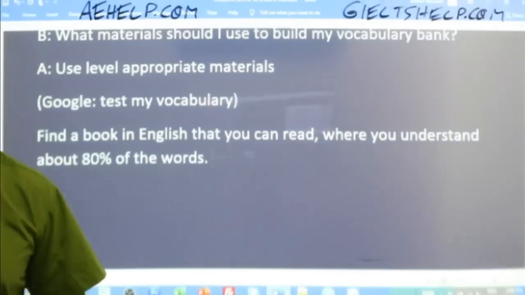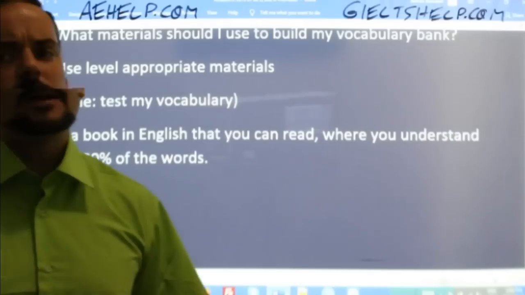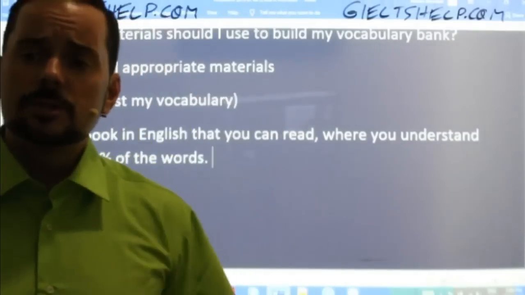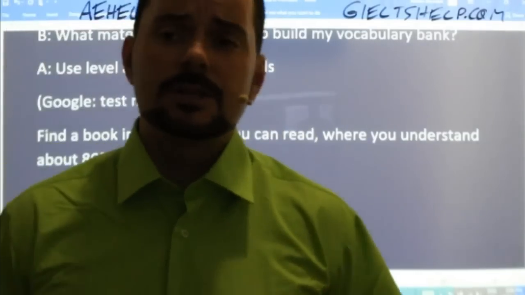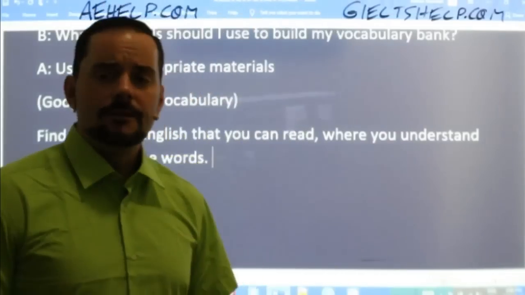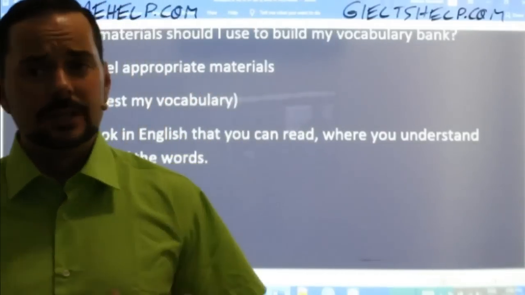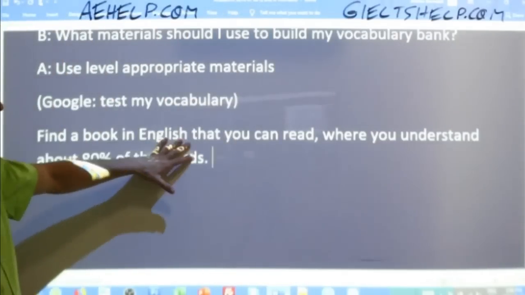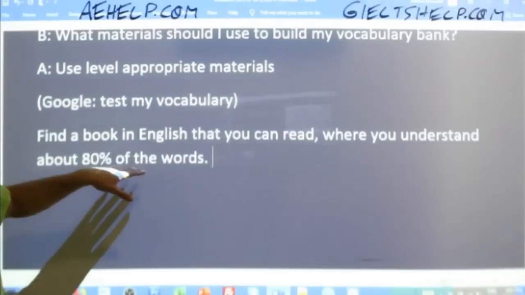Reading newspapers is okay too, but sometimes reading newspapers can actually be very difficult for people. If the newspaper is your level and you can mostly understand what you read, that's great. If it's confusing and you have very little idea of what you're reading, don't do it. You can find a book in English that you can read where you can understand about 80% of the words.